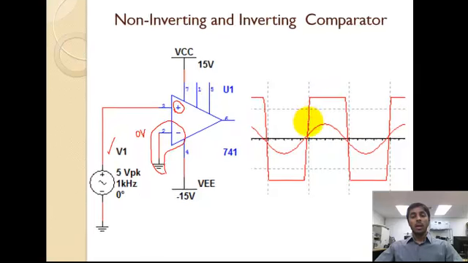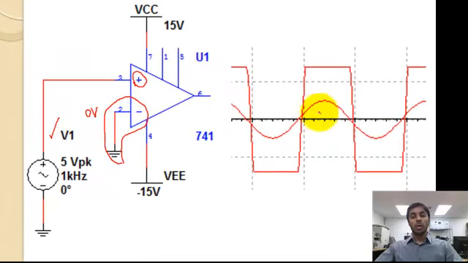Consider the two different half cycles, positive and negative. On the very first positive half cycle, the input signal applied to V plus, the non-inverting terminal, is greater than V negative, because V negative is 0 volts.